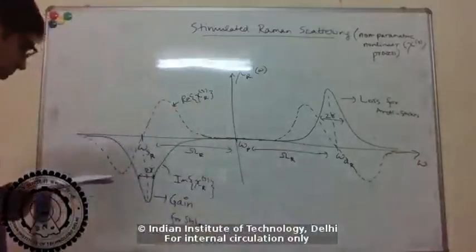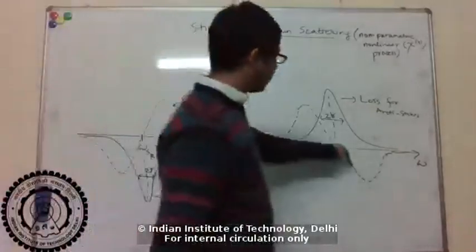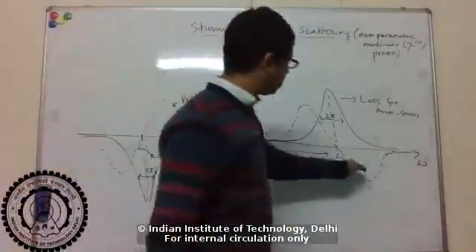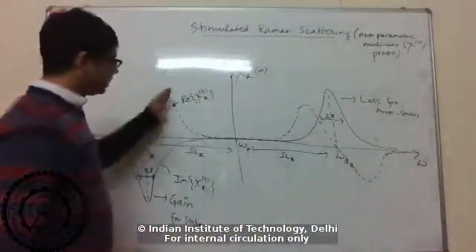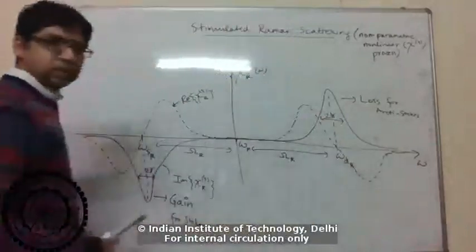right? So you can see that the shape of how the refractive index varies is now opposite around the Stokes and the anti-Stokes, and the slope is opposite. In the Stokes case, the slope is increasing. In the anti-Stokes, the slope is decreasing, right?